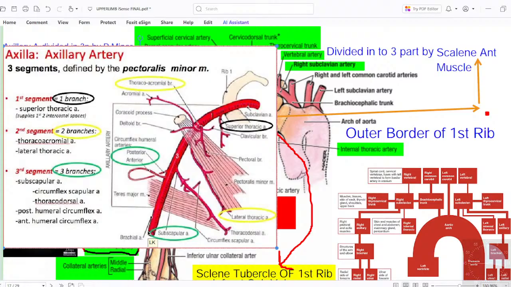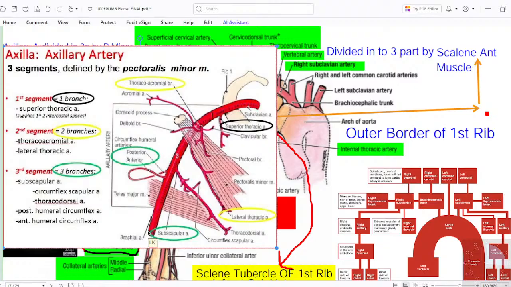And then the brachial artery, at the cubital fossa, I don't know, maybe it is divided into the ulnar and radial arteries. The pectoralis minor divides the axillary artery into three segments. Segment one has one branch, the superior thoracic artery.